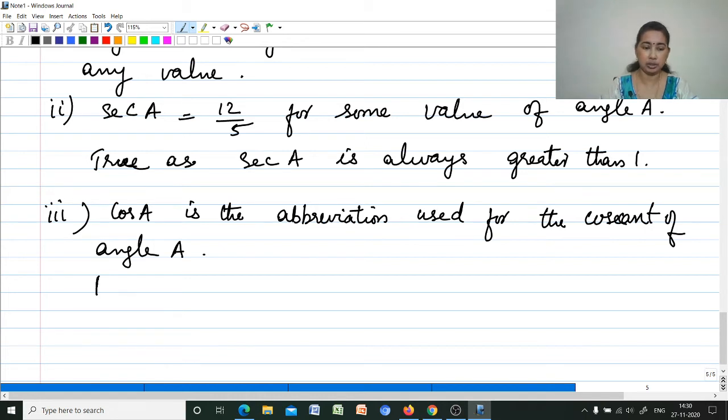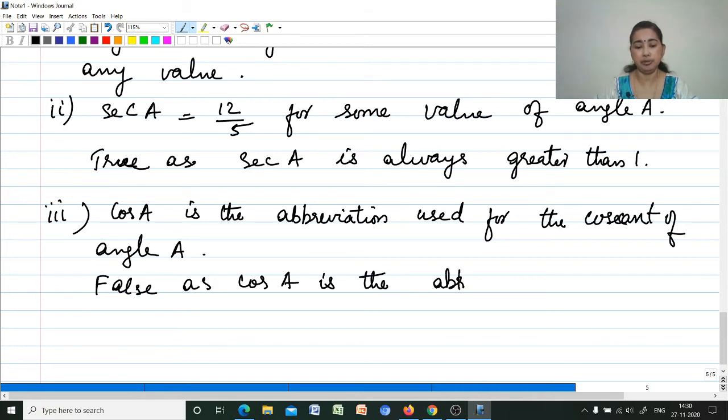So, this is also false, as cos A is the abbreviation of cosine A.